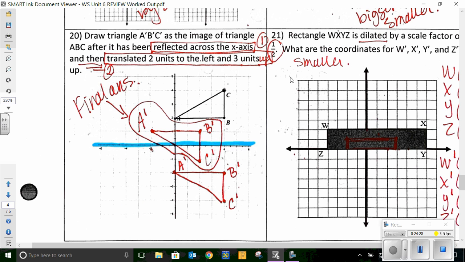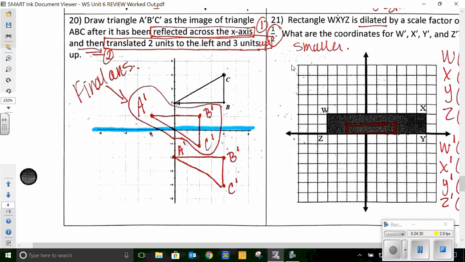Number 20, it says draw the triangle A prime, B prime, C prime as the image of triangle ABC after it's been reflected across the x-axis and translated 2 units to the left and 3 units up. This is 2 separate things. So I know mine looks a little bit like a mess, so I'll do it in another color here as we do this. This is my original one, ABC. When I reflect it over the x-axis, this is my x-axis here that I highlighted in blue.